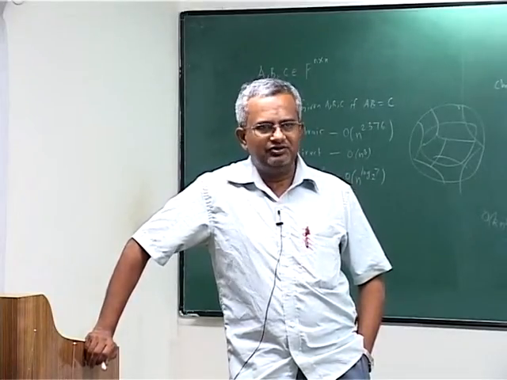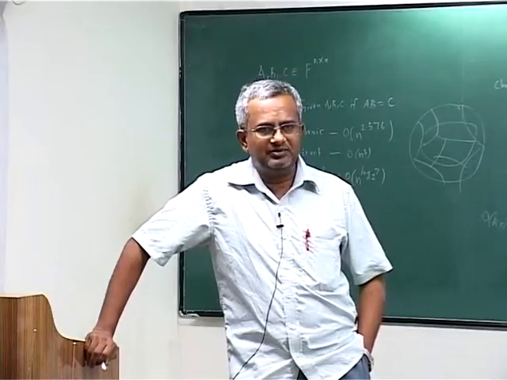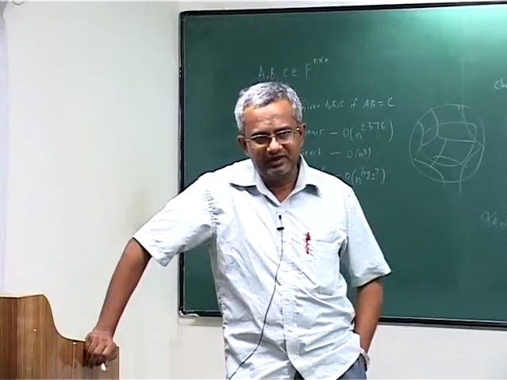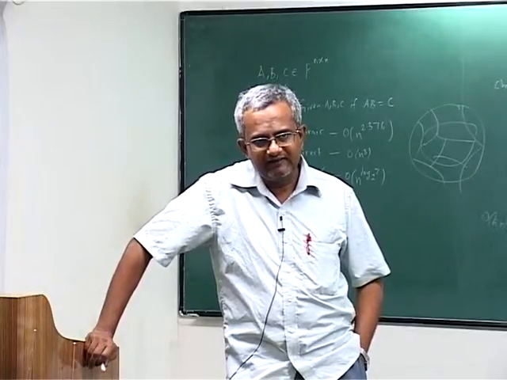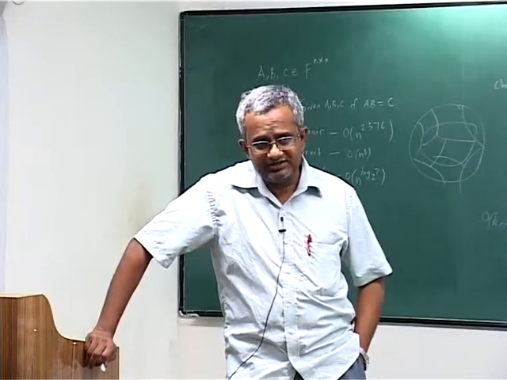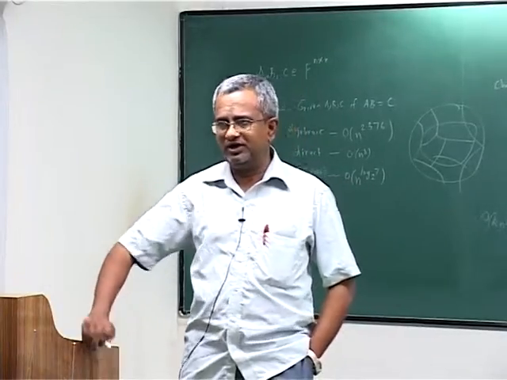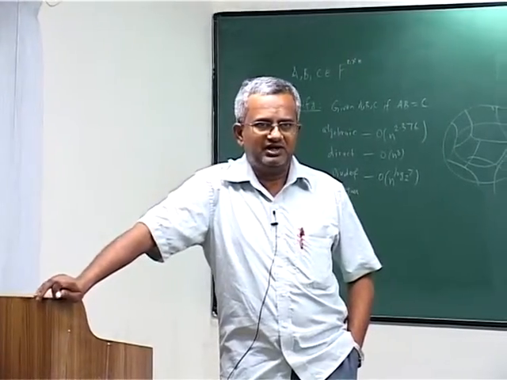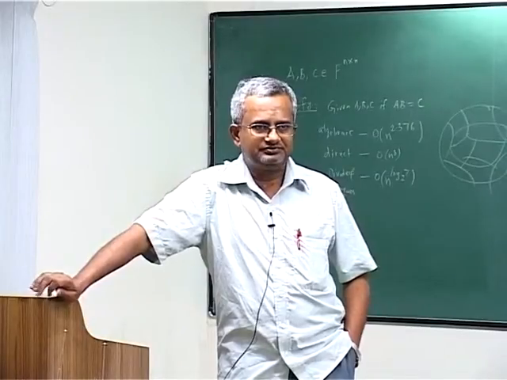If it equals, then you know that it is a majority. What happens if it does not equal? No, a majority should be repeated more than n by 2 times. The number of occurrences should be more than n by 2.